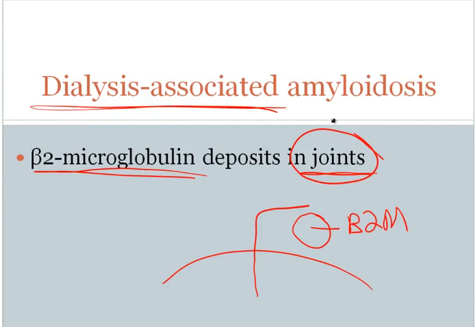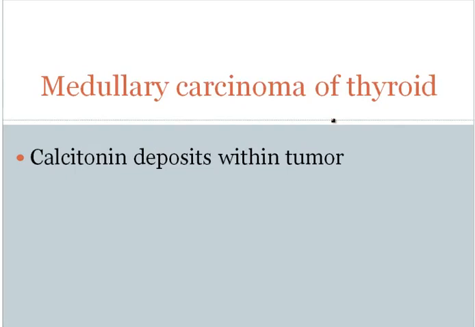as a localized amyloidosis. And the final localized amyloidosis arises in medullary carcinoma of the thyroid. Recall that medullary carcinoma of the thyroid is a tumor of the thyroid derived from C cells.